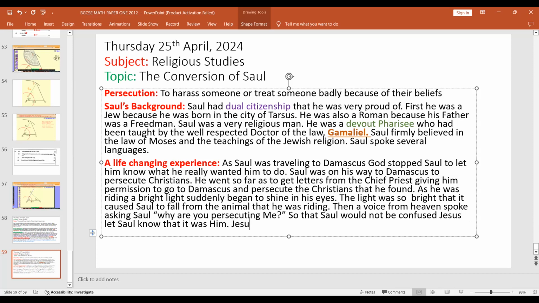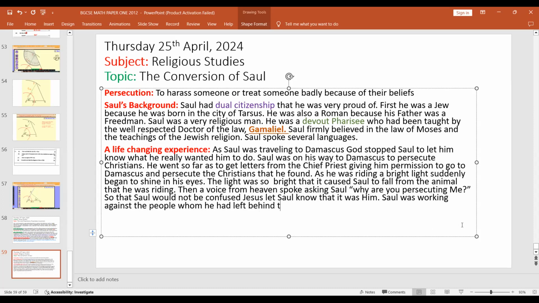Jesus explained that Saul was working against the people. So Saul was working against the people whom he had left behind to do his work.